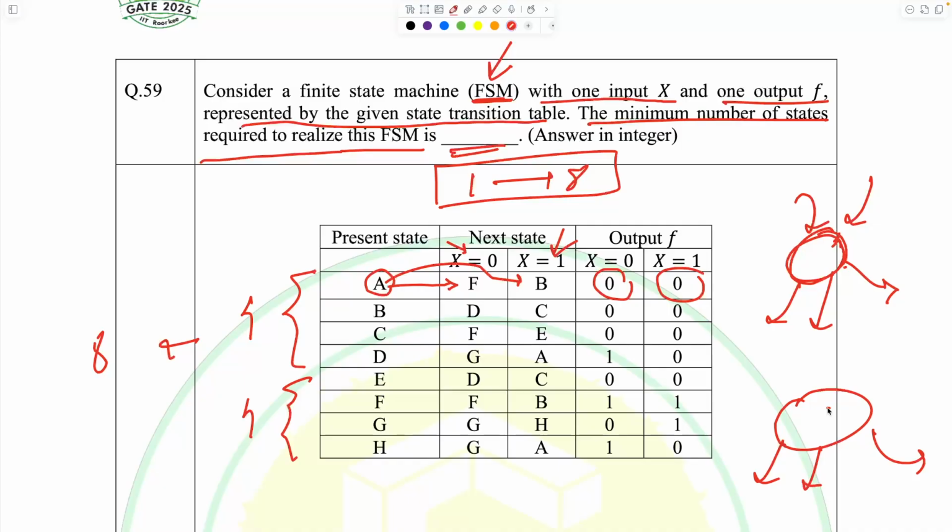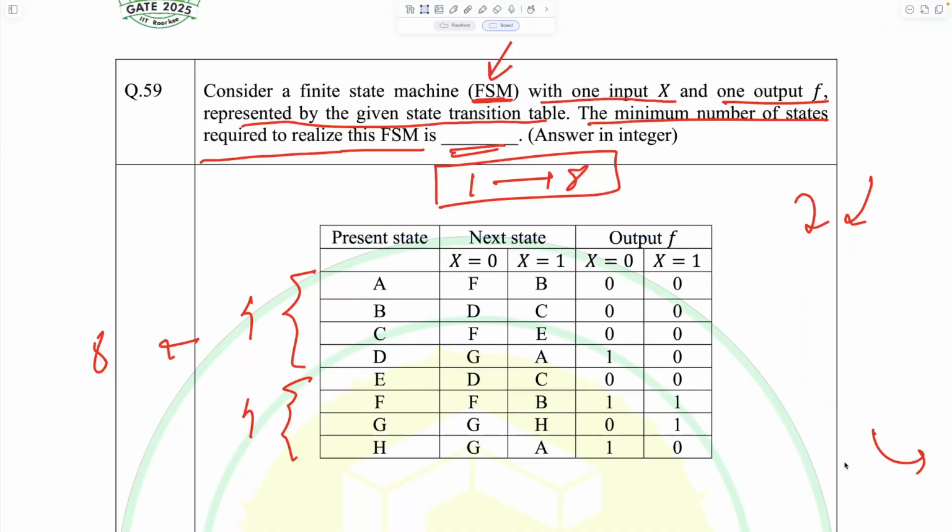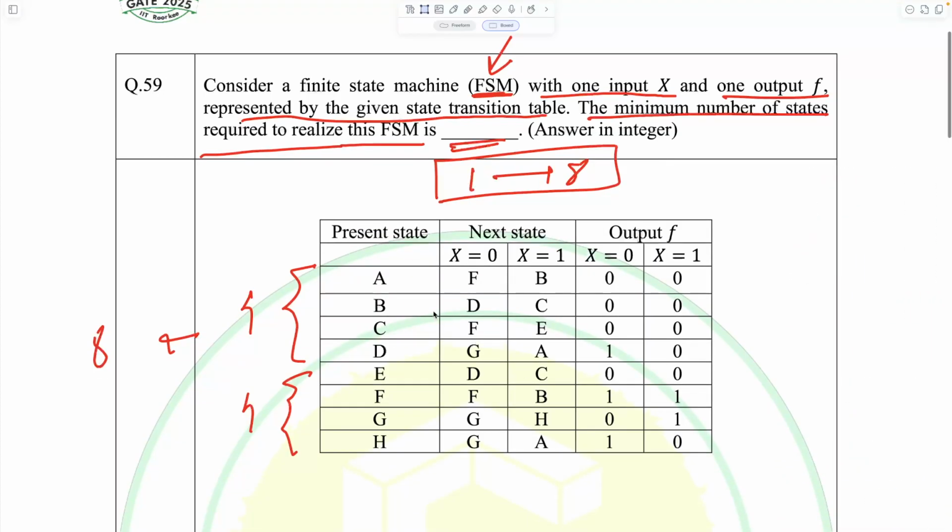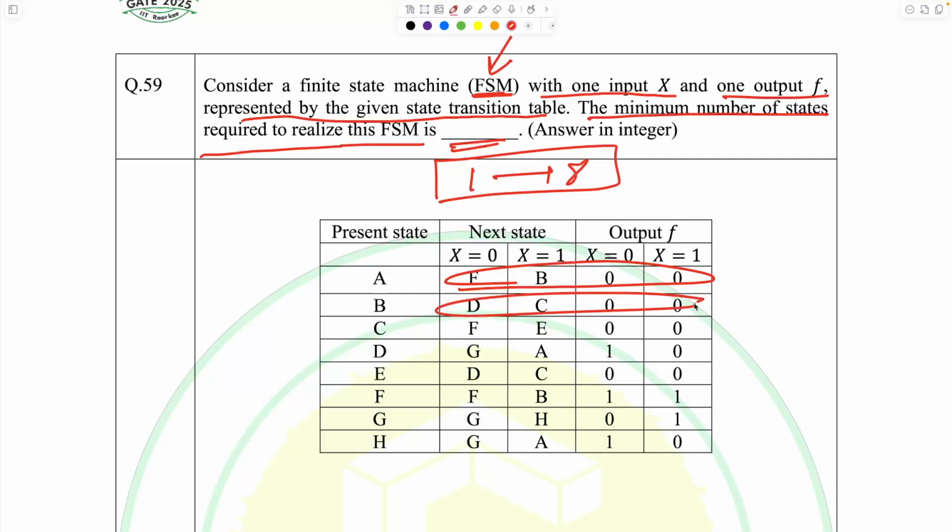So with that clear, let's try to solve this by seeing the entries and deducing which entries are the same. The outgoing transition is defined completely by this entry, so if any two of these entries are the same, then those two states are the same. So let's go with that.